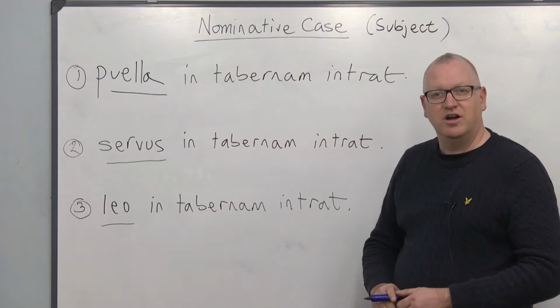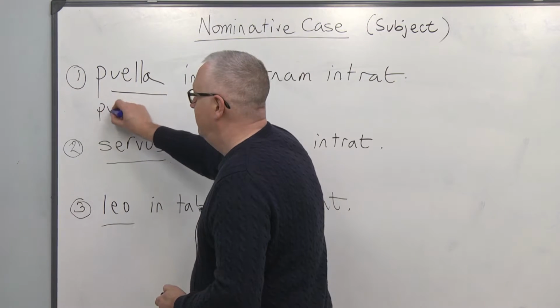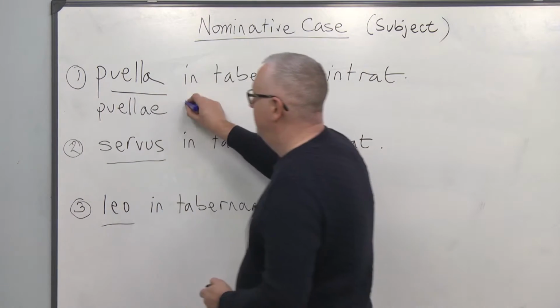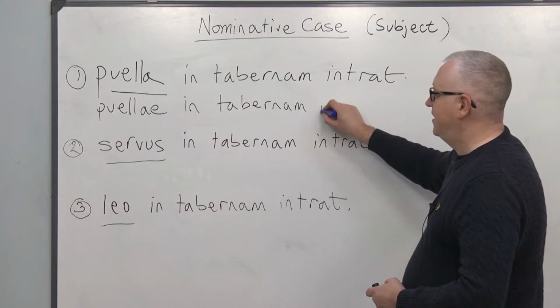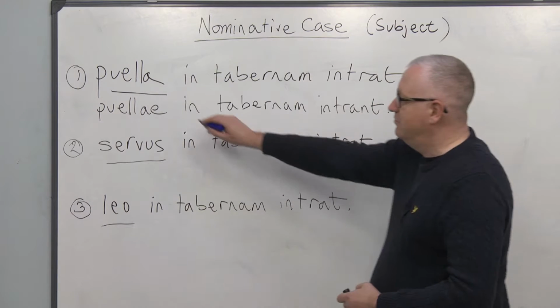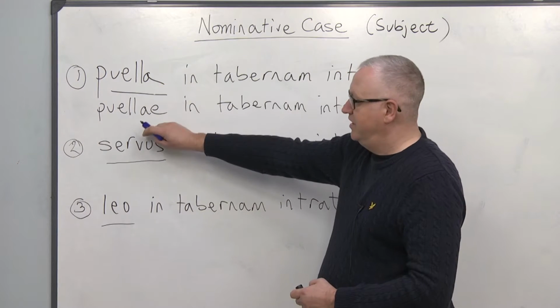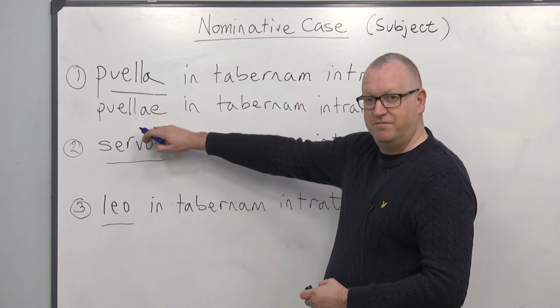Let's change the word girl into the plural, and it would look like this. Puellae in tabernam intrant. And what we've done here, we've changed the letter A into AE. So a girl turns into girls.